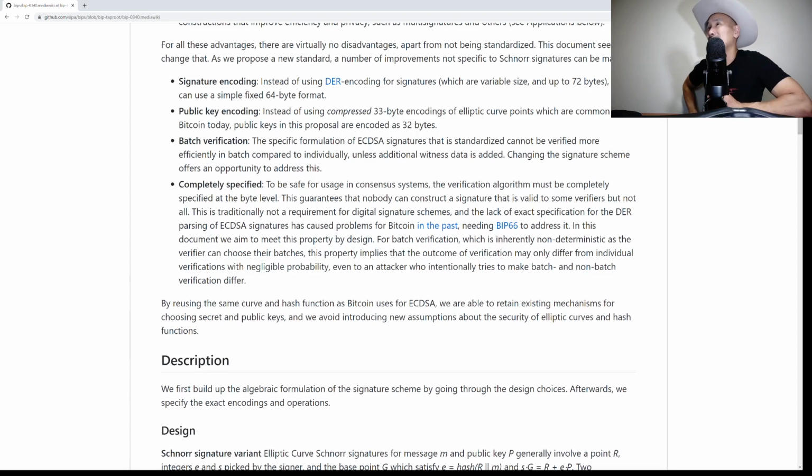In this document, we aim to meet this property by design. For batch verification, which is inherently non-deterministic, as the verifier can choose their batches, this property implies that the outcome of the verification may only differ from individual verifications with negligible probability, even to an attacker who intentionally tries to make batch and non-batch verifications differ.